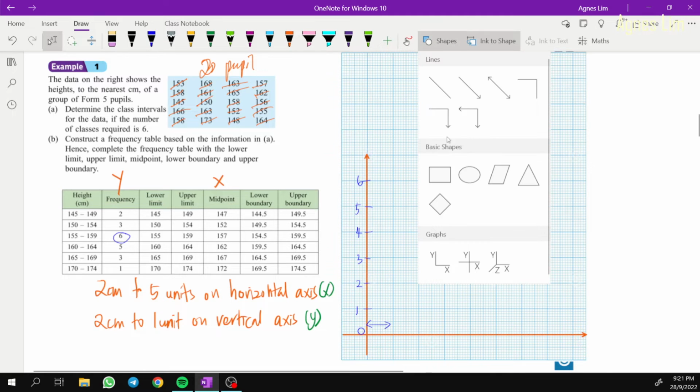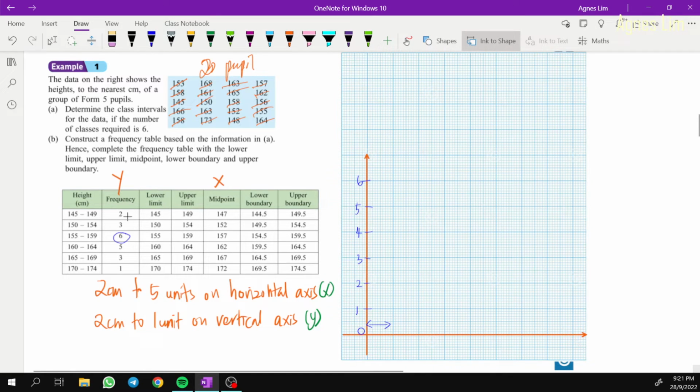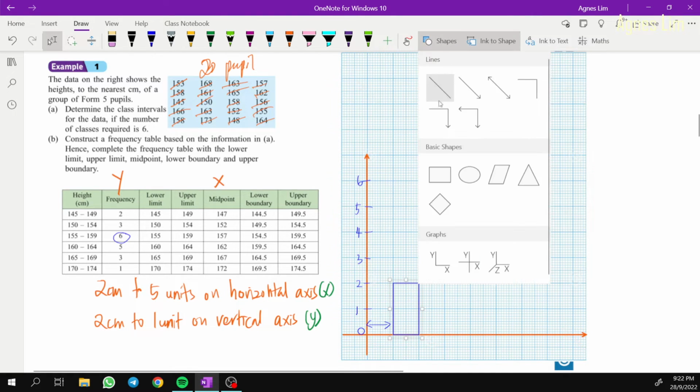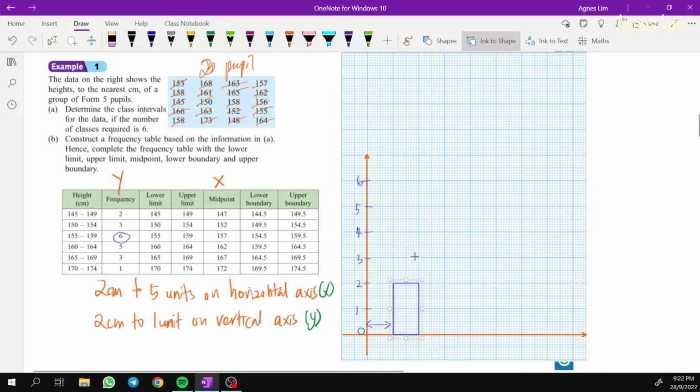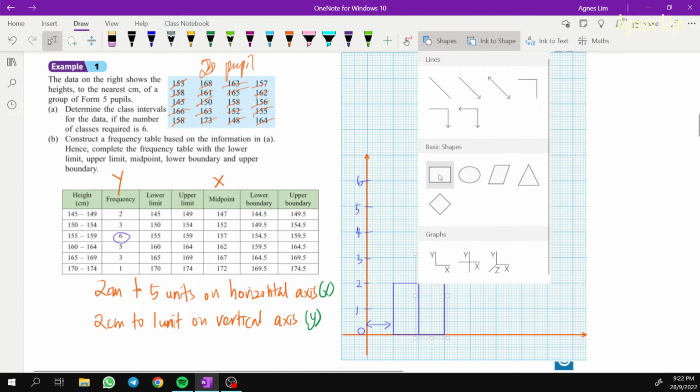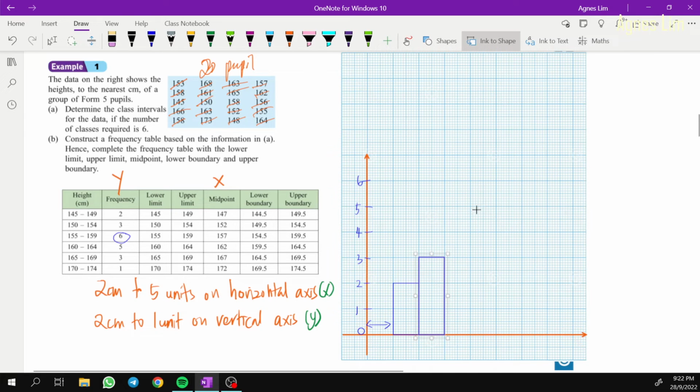So we are going to draw the bar first. Frequency, the first class is 2. So we're going to start with that one. Okay, and then continue to the next class, which is 3. Okay, continue to the next one. After 3 is 6.